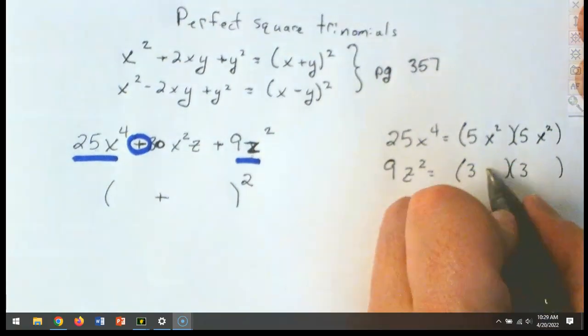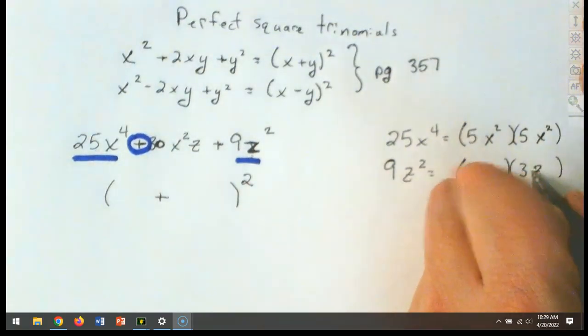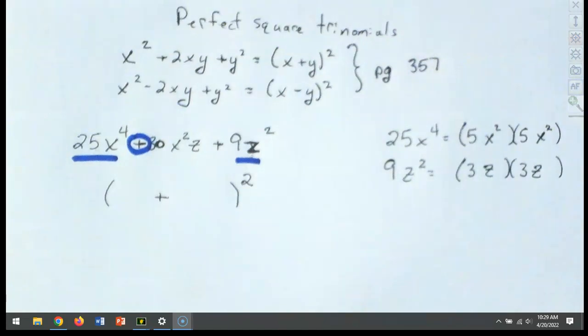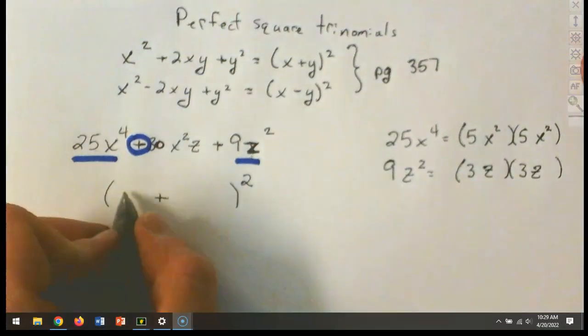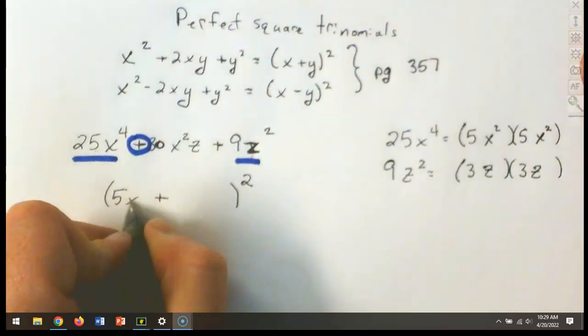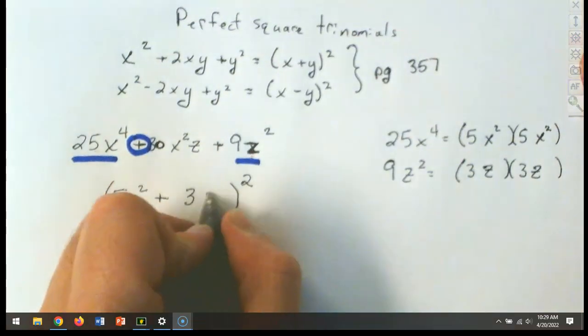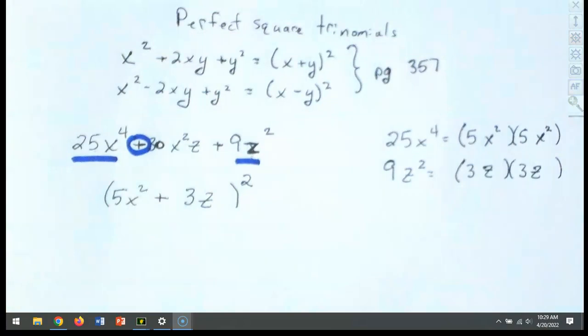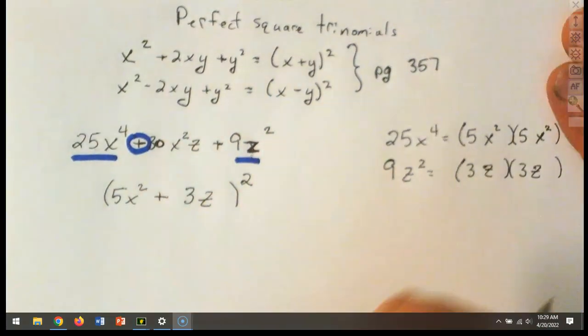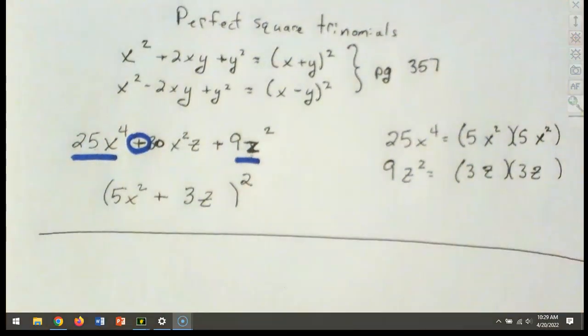And z squared splits up into z and z. Right? Now we've got it. So the ones that involve special formulas are actually very easy to work through. So now we know that this is simply going to be 5x squared plus 3z. That's it, because it's a perfect square trinomial. If it was negative in the middle, then we would know our answer would have a negative in the parentheses.